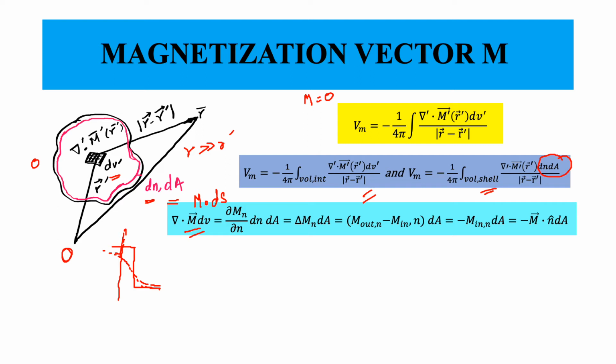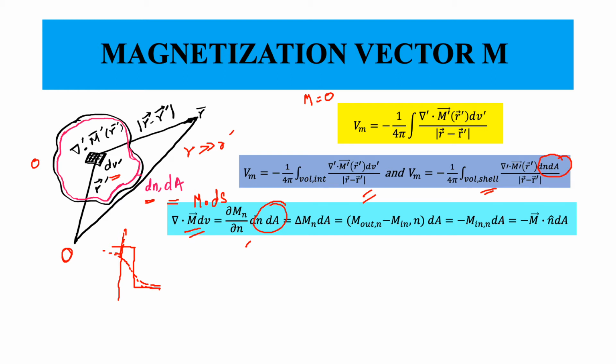Here you will see it is only the normal component that is of interest to us. So del dot M dV becomes the partial of M_n, the normal component of magnetization, divided by partial n. This gives you the change in magnetization dM, which is the divergence multiplied by the volume of the cell, dn dA.